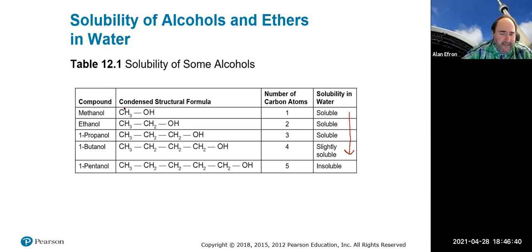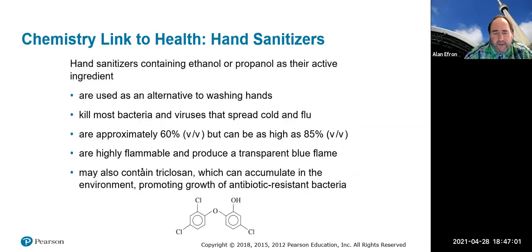What's happening as you head in that direction is the nonpolar part of these alcohols is getting larger and larger, almost creating a barrier and not really allowing the water and the OH part of the alcohol to interact. Any questions on that solubility there?